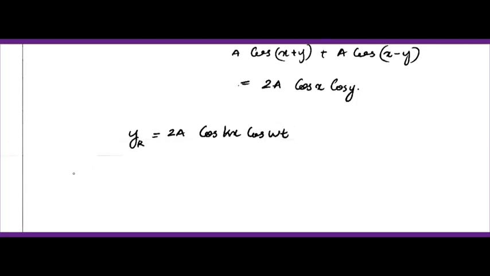We have said that a node is a place where the amplitude is 0. So the given node is at the point x equals 0. That is, when x equals 0, there is no amplitude, which means the y coordinate should be equal to 0.